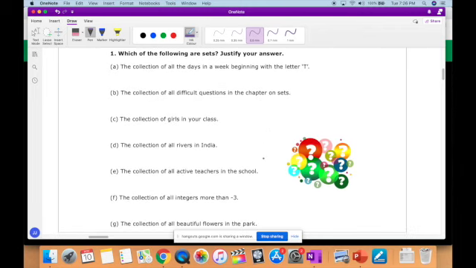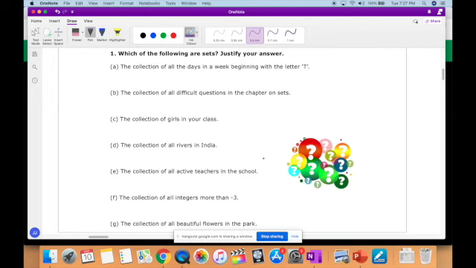So which of the following are sets and which are not sets? Is A a set? Yes. Alright, is B a set? Why not? Right. So remember, a set is a collection of things that all have something in common.